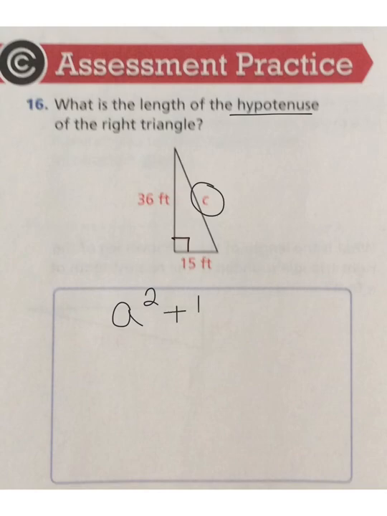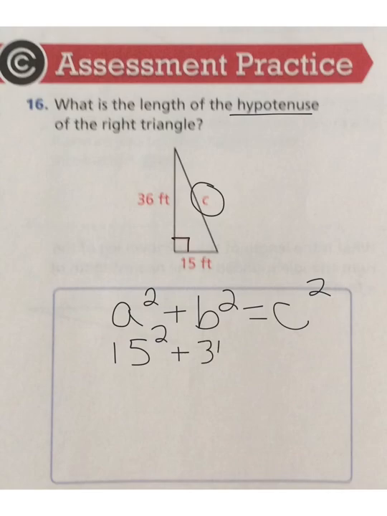A squared plus B squared equals C squared. 36 and 15 are my A and B. It doesn't matter which one goes. I usually just start with the smaller one. So we have 15 squared plus the medium size, which is 36 squared, is going to equal C squared. So I just put these values into the formula, and we're just going to solve for C.